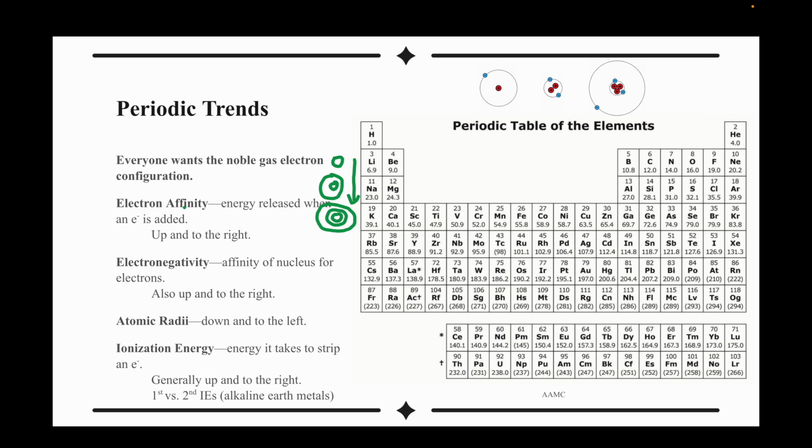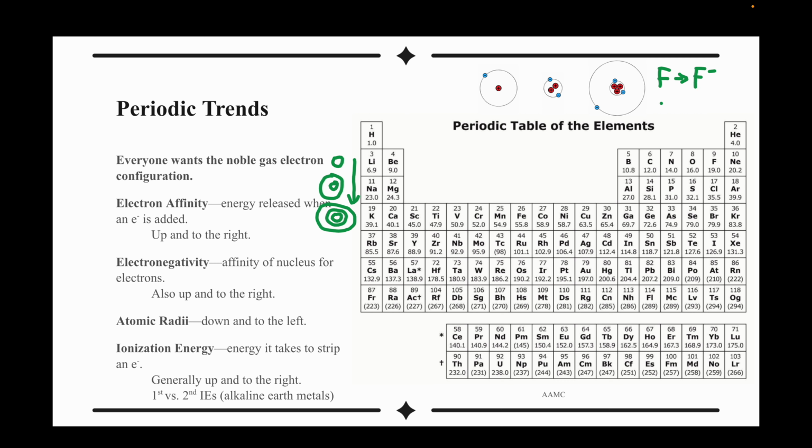Speaking about electron affinity, this is the energy released when an electron is added. Remember, when a reaction releases energy, those two things become more stable. So an element wants to release energy. If we look over here, fluorine has a high electron affinity because it really wants to add an electron to itself. Fluorine wants to become fluoride.